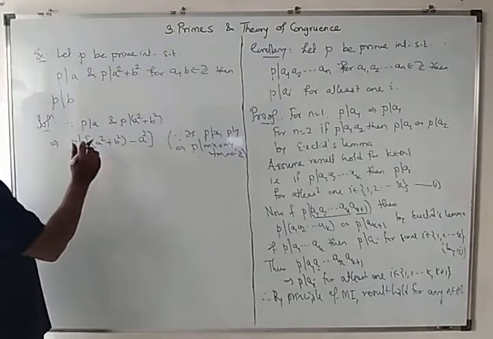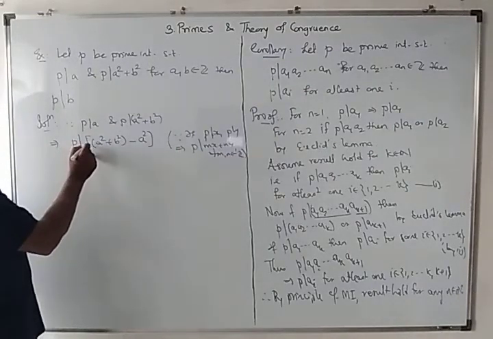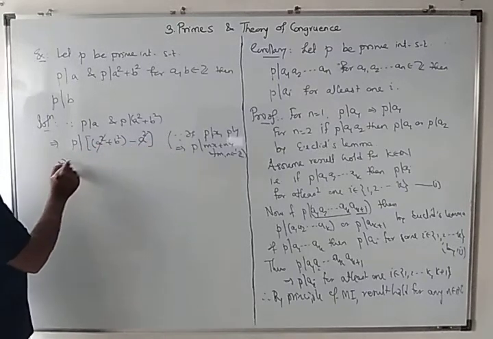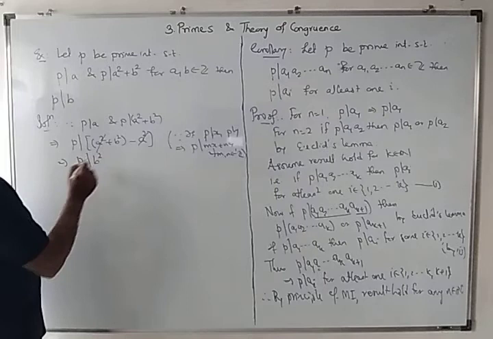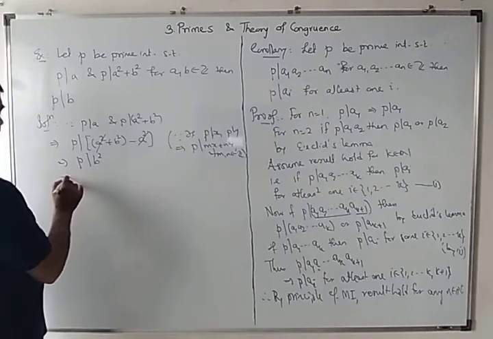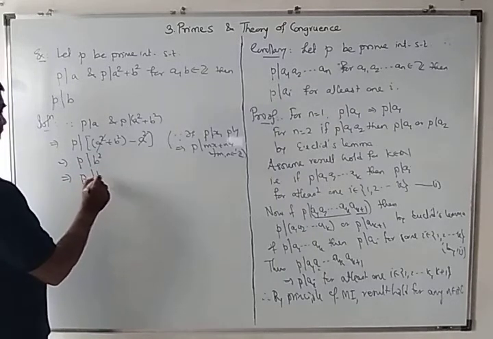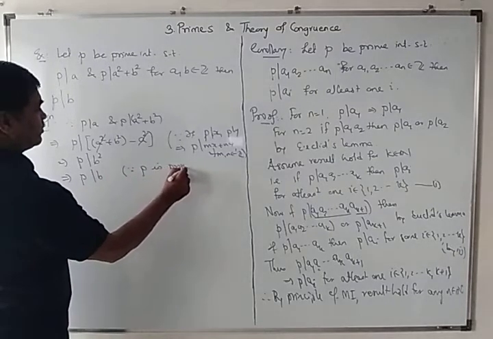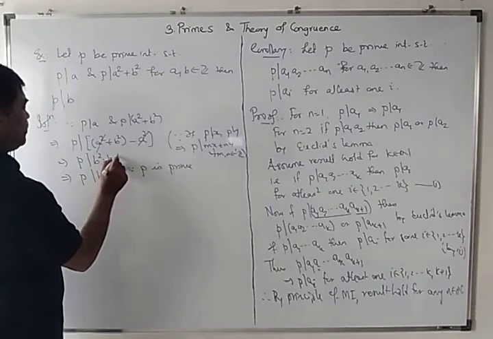So this gives us this result. I am taking one here and here, A into A. Then this A square gets cancelled. This implies P divides B square. Implies P must divide B, since P is prime. So this is B into B.